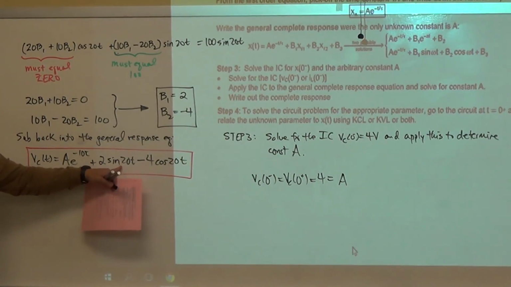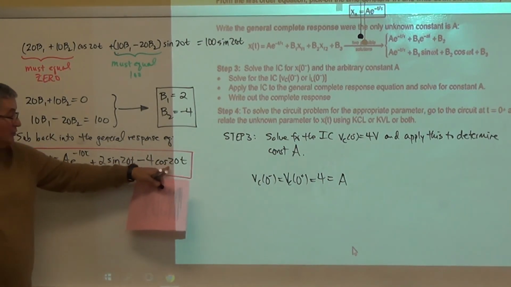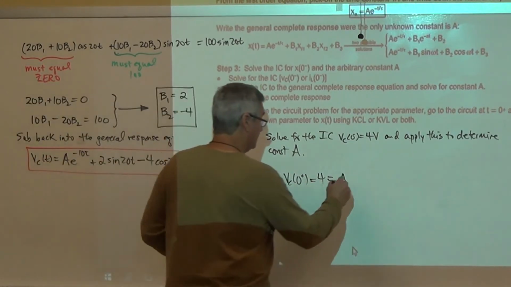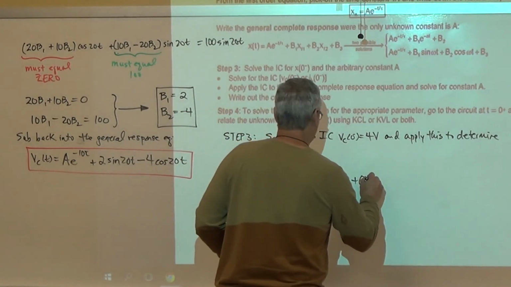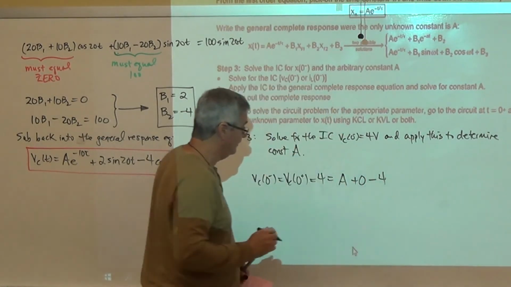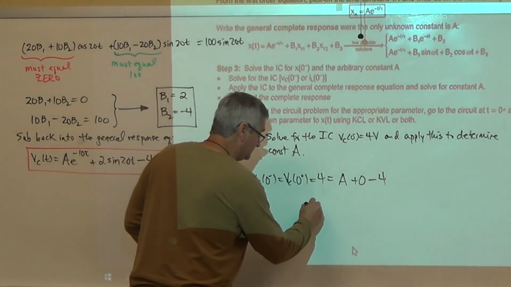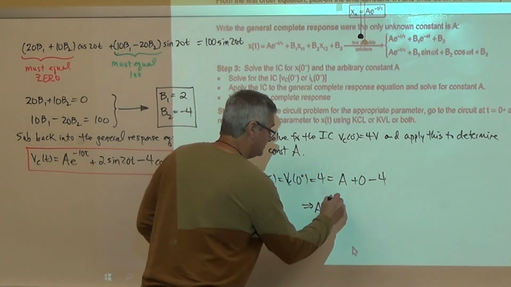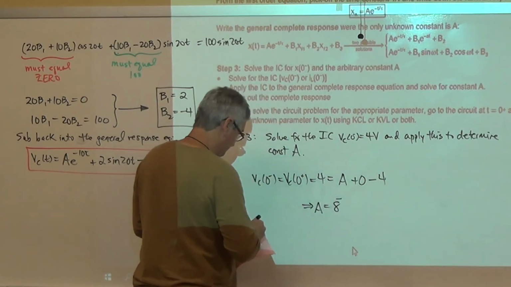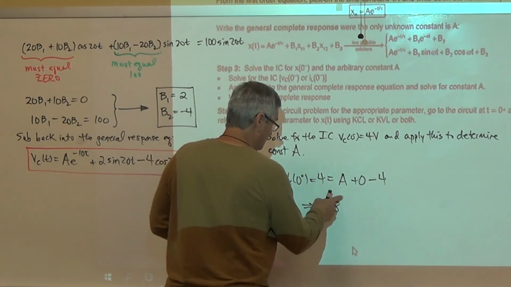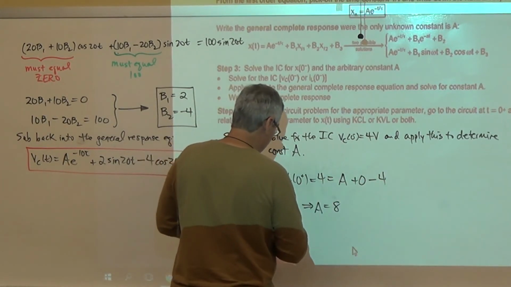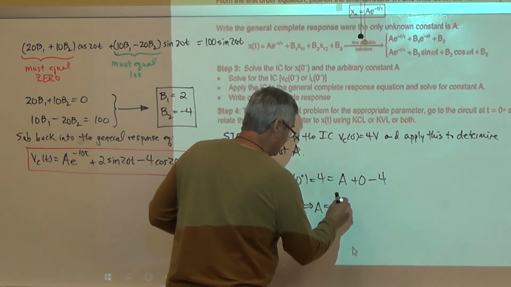Sine of 0 is 0. Cosine of 0 is 1. So then I'm going to get a term that's 0, and then I'm going to get minus 4. So if you look at this constant here, this immediately implies that A has to be 8. And with our units, it has to be 8 volts.